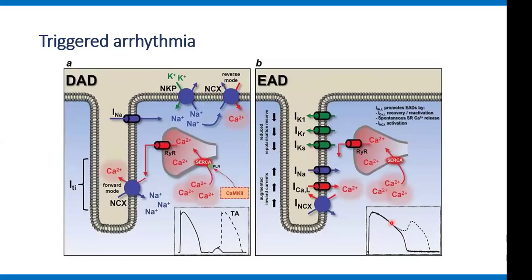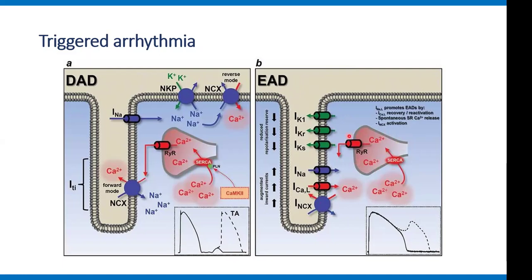Okay. So in the delayed, the main issue is what? These channels here. So this is a sodium-calcium exchanger. What happens is it is in reverse mode, and once there's calcium, it triggers this to release calcium into the cell. Again, you see that there's calcium overload here.